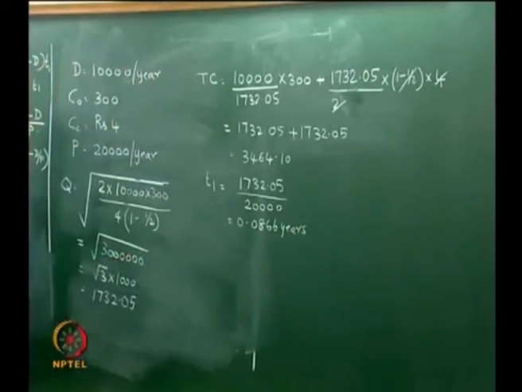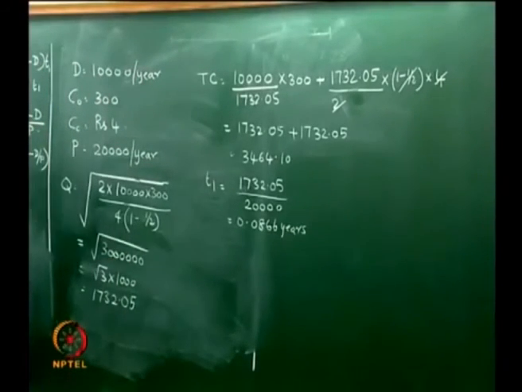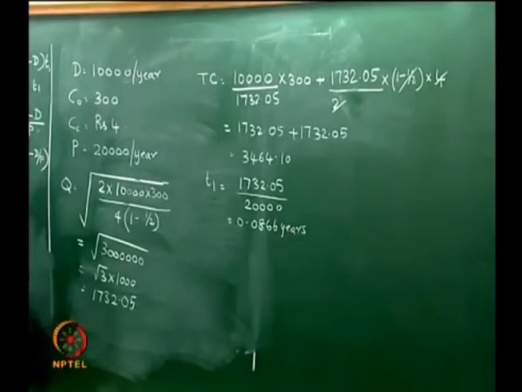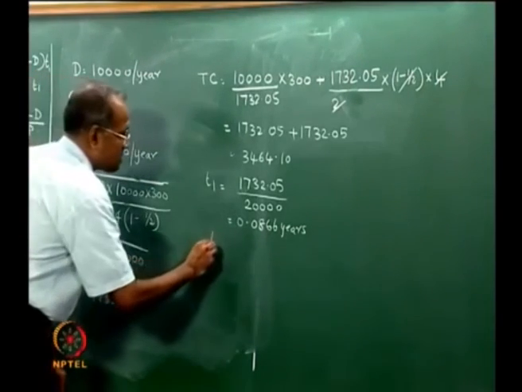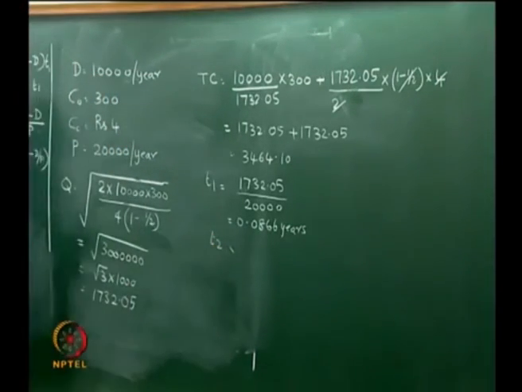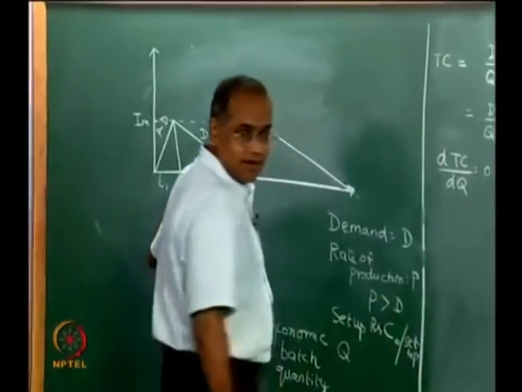Now, this can be converted into hours to know what is the number of hours that we produce. Similarly, T2 can also be calculated and the cycle time T can also be calculated.